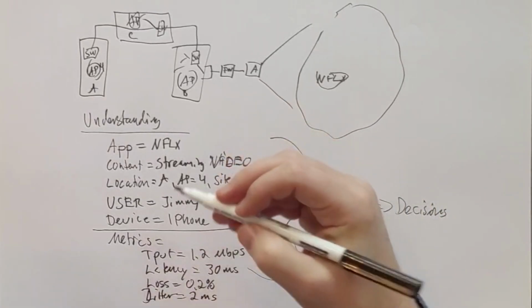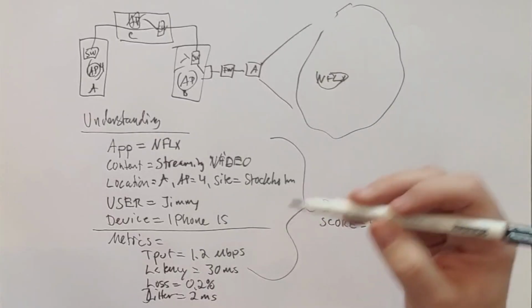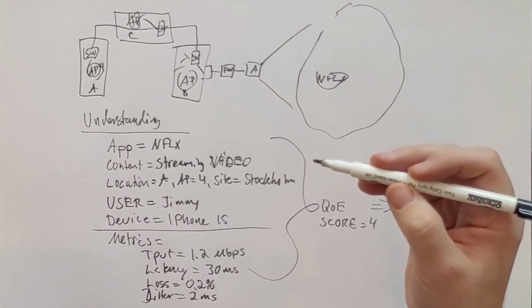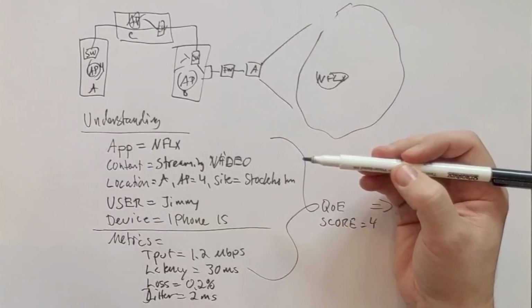Invest more, optimize, change the software, replace access point, replace equipment, all of those decisions. But first you need to understand what your current state is. And then once you've taken a decision to invest, to change, then you go back to these metrics to see, did I get the intended improvement that I wanted?